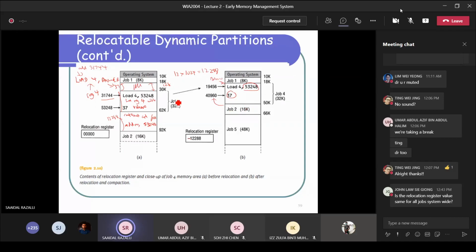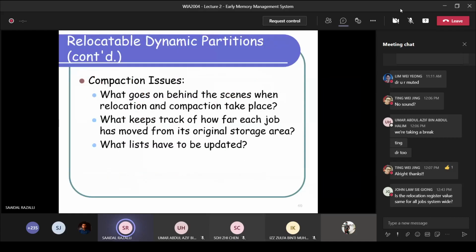Everything is moved upwards, to the lower memory address location. So this is before relocation and after relocation and compaction. We call it compaction: you compact all the external fragmentation or unused memory space in the previous partitions into one. Relocatable dynamic partitions, compaction.